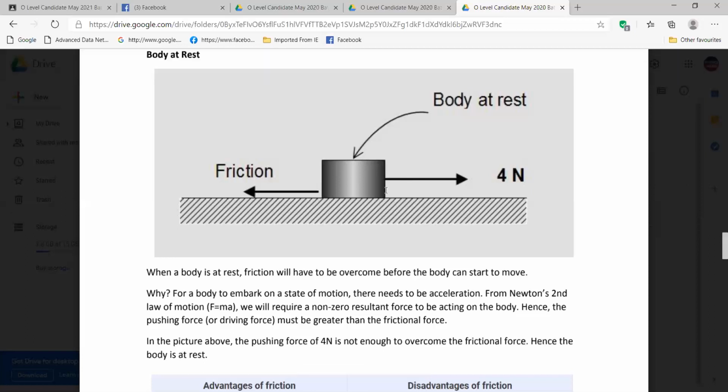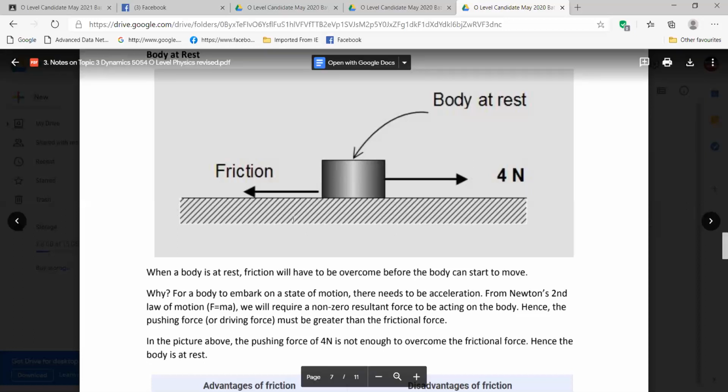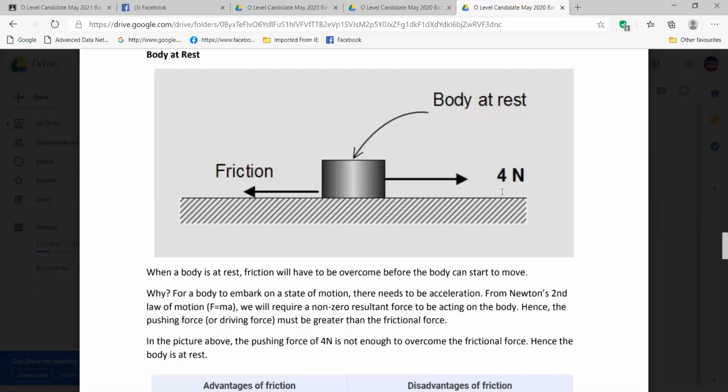So if you increase the pulling force, the forward force, then you will get a resultant force of 1 Newton. If you get a resultant force, then the object will move forward with that much acceleration. You have to calculate with the mass, F equals ma. Then you will understand how much is the speed, how much is the acceleration.